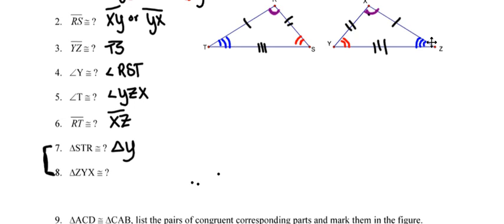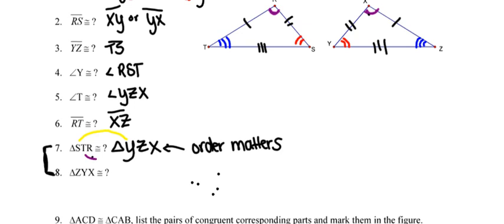T, the blue angle, is going to correspond or match up with Z. And the last angle named R is going to pair up or correspond with X. So when you're naming triangles, the order matters. When you're naming the line segments or the angles, the order's not so important. But again, we got to make sure we get things named in such a way that the corresponding parts pair up or match up or correspond.